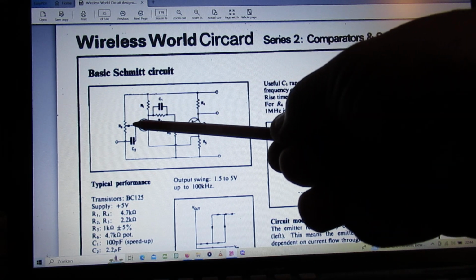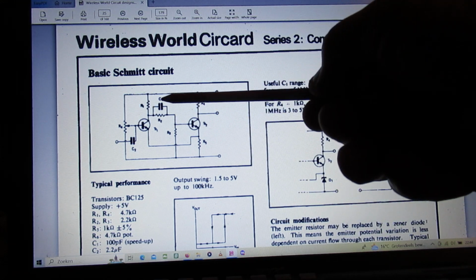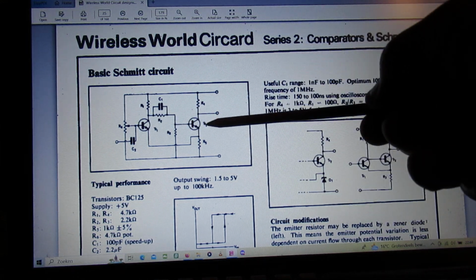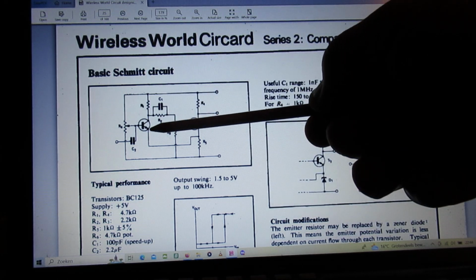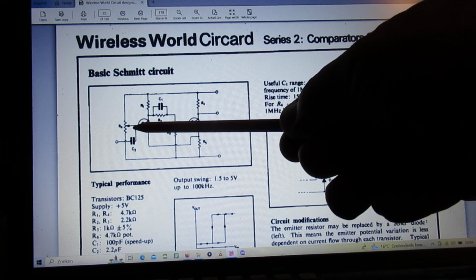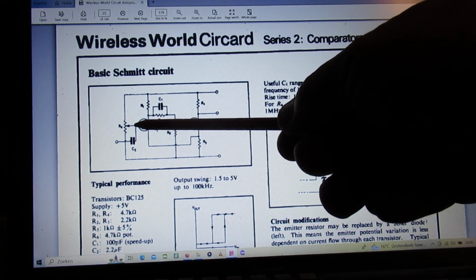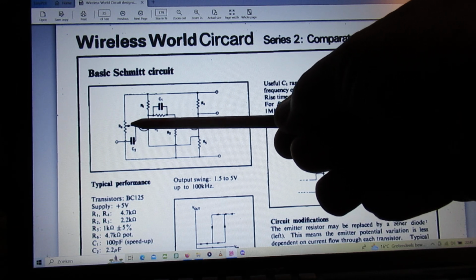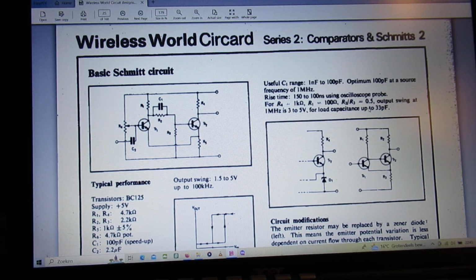You can also use a tiny positive voltage, because these are NPN transistors, and at a certain moment you will see that the Schmitt trigger switches when a certain voltage is reached, and the voltage goes somewhat higher than the voltage that makes the first transistor switch.